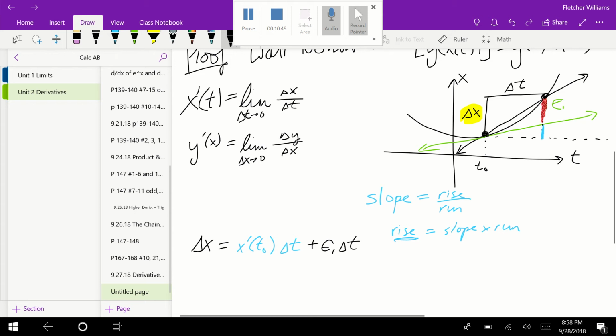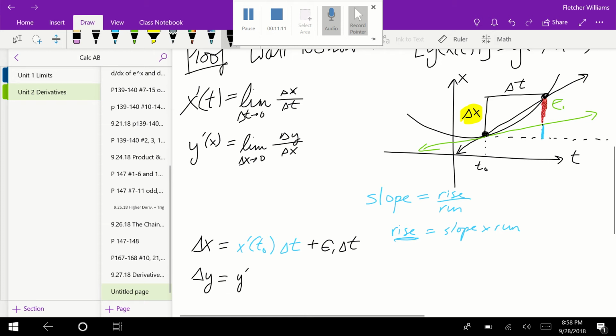The reason I gave a delta t to the epsilon 1 is because as I move that second point on my secant line closer and closer to the first point, that epsilon 1 distance will shrink. And I don't have the graph drawn, but I could do an analogous thing for my delta y equation.